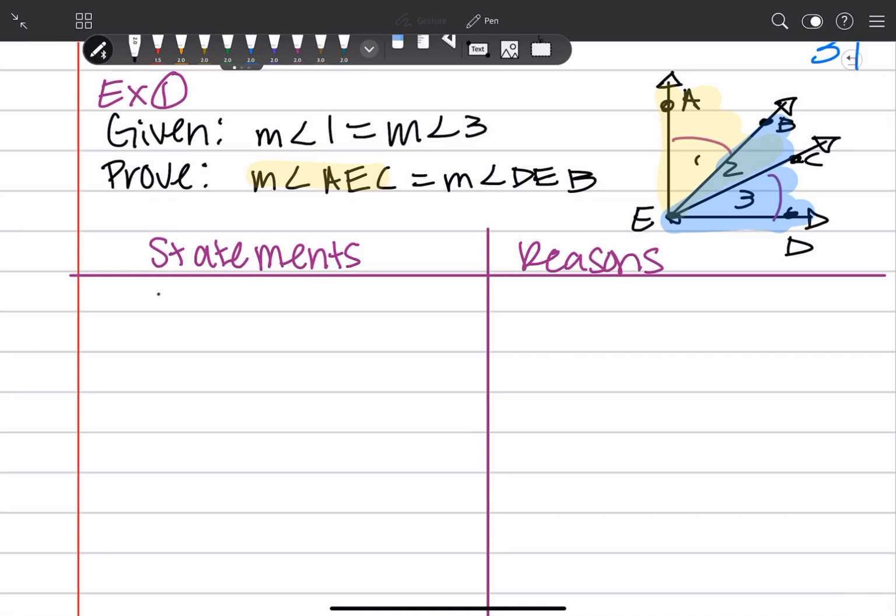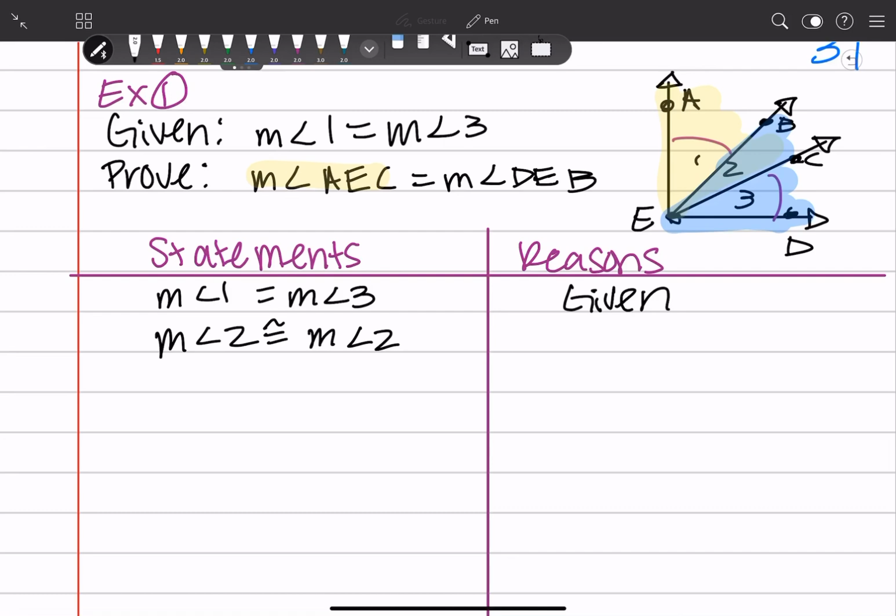We're always going to write what our given is first. So we know that the measure of angle 1 is equal to the measure of angle 3. What we also want to do is note that the measure of angle 2 is equal, or congruent, to the measure of angle 2.